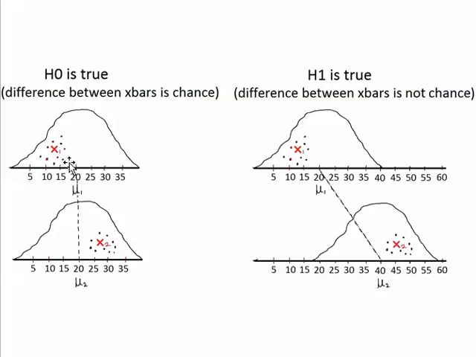Now, if this is actually the truth, and I go and take my sample from San Jose State, and I take my sample from Cal State East Bay, I'm likely to get two sample means that aren't that far apart, because the people I take from San Jose State will probably be somewhere around here, and their sample mean will be around 20, and the people that I get from East Bay will be probably around here somewhere, and their mean will be close to 20.